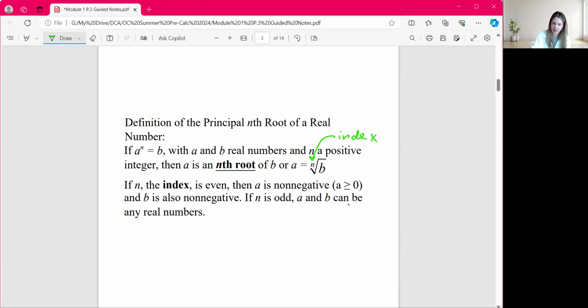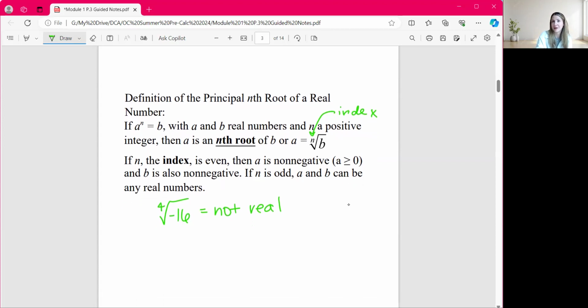So just like a little example on that, if we have an even index, for example, the 4th root of negative 16, this is not a real number. I cannot take the root of a negative number if my index is even, but I can take the root of a negative number if my index is odd.